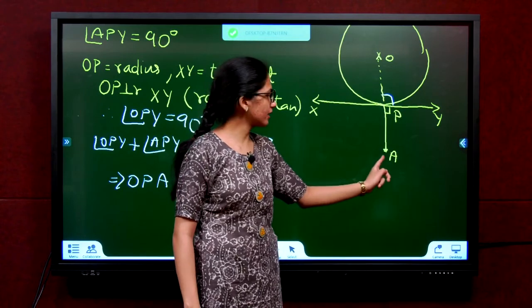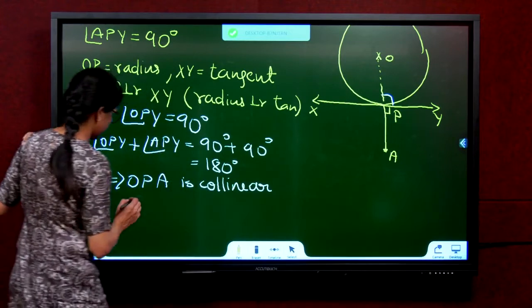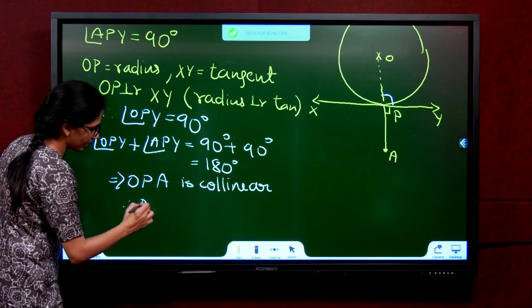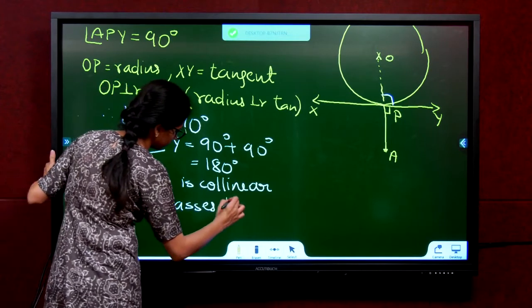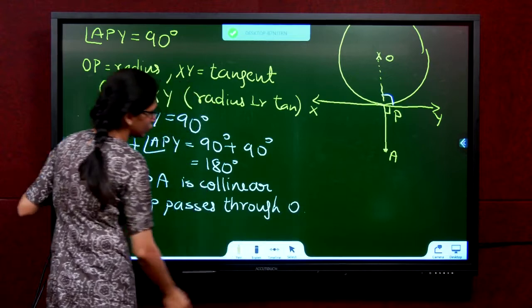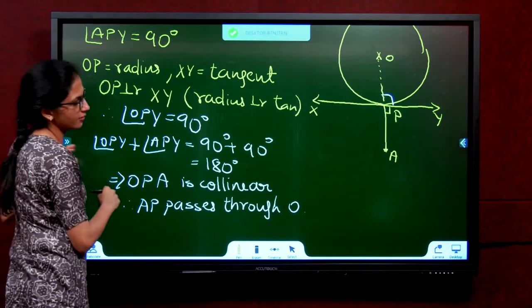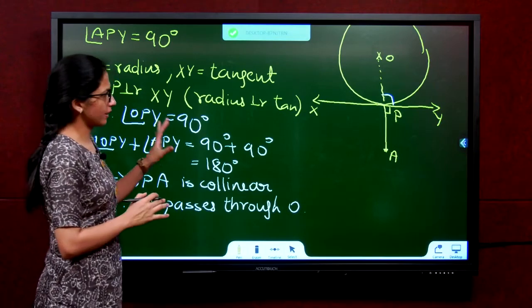Agreed? So this AP, this perpendicular, passes through the center. Therefore, AP passes through O. Or conclusion: the perpendicular at the point of contact passes through the center of the circle. I hope this part is clear.